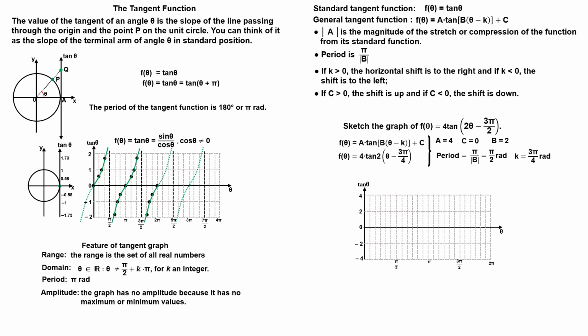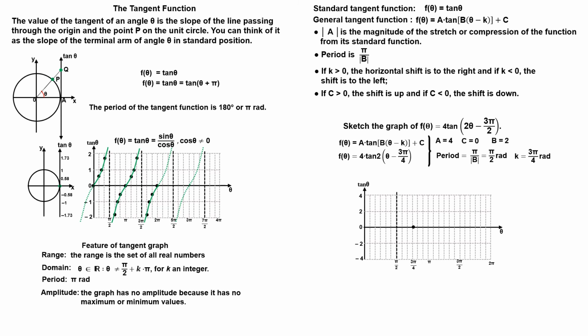The first cycle begins at the 0 point k units to the right of the origin. k is 3 pi over 4. A period of the tangent function has 2 asymptotes and a 0 point halfway in between.